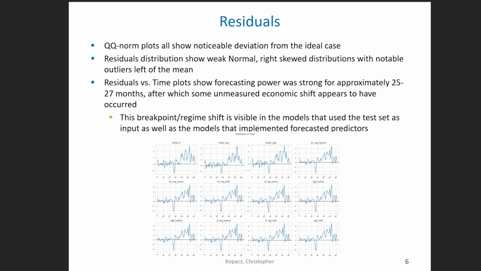It's important to note that this same behavior is observed not only in the models that used forecasted predictors, but also the models that implemented the actual observed values in the test set, which is why I think it's some unquantified economic factor that took place, some world event or a political administration change, that substantially changed the economic behavior.